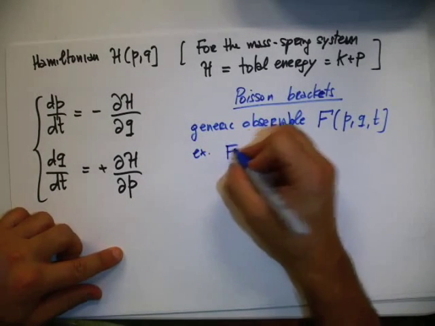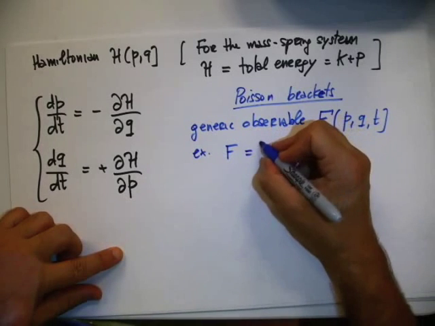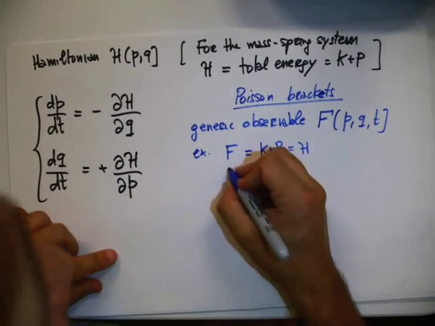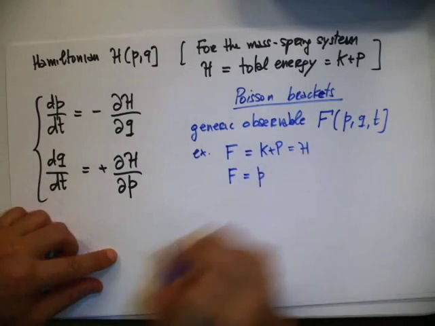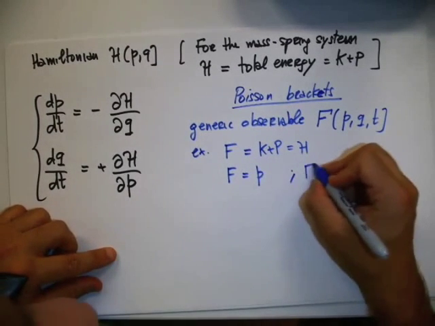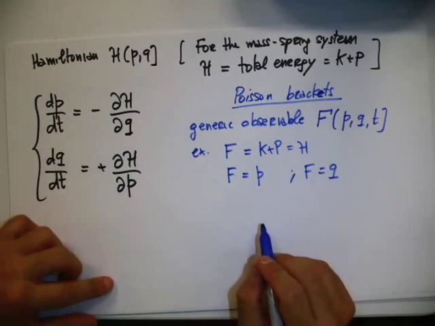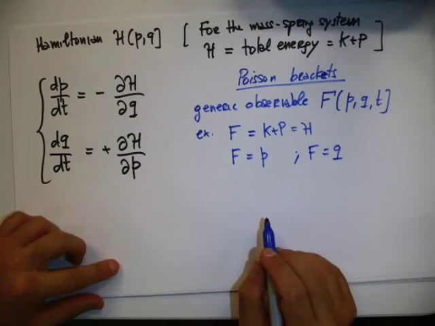For example, I can have f equal to K plus V equal to H, or I can have f equal p, or I can have f equal q. These are examples of observables, okay?